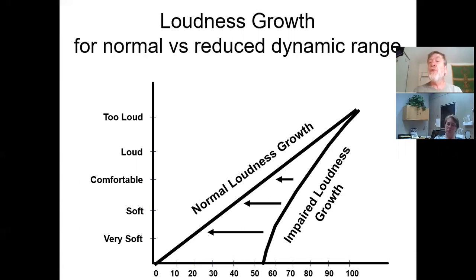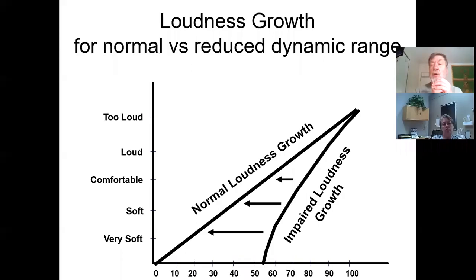It's where the two lines meet. And in plain English, it means that those with sensory neural hearing loss have very similar loudness tolerances as people with normal hearing. So if you yell in a hearing impaired person's ear, it's going to bother that person just as much as it bothers someone with normal hearing.